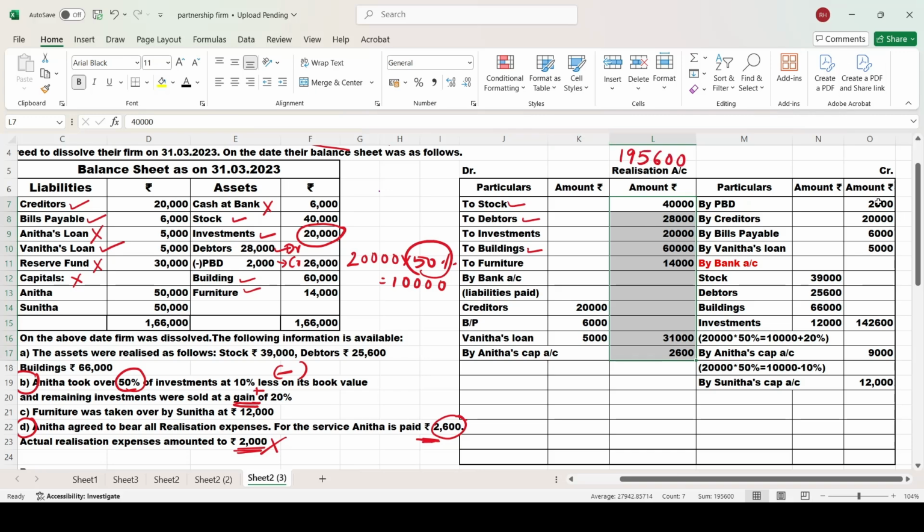Here it is 1,96,600. I'll write it on the top. Now you can check which side it is more. Yes, obviously your credit side is more here. Write the total on both the sides. 1,96,600.